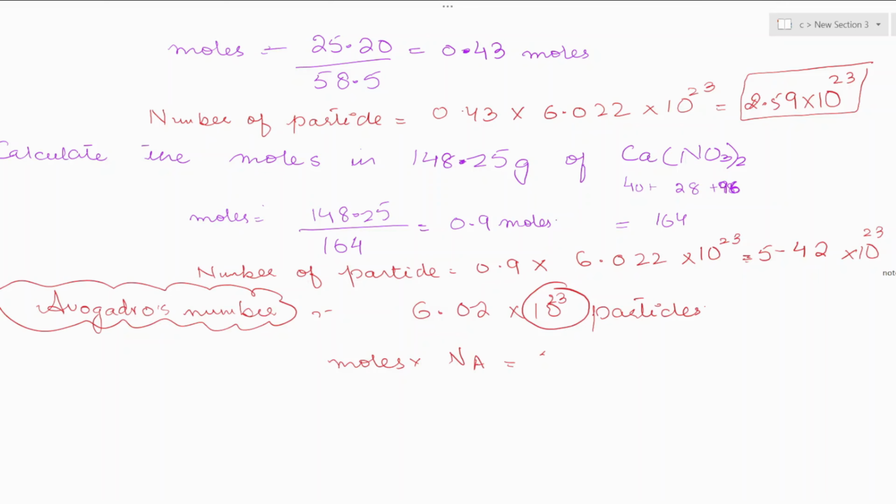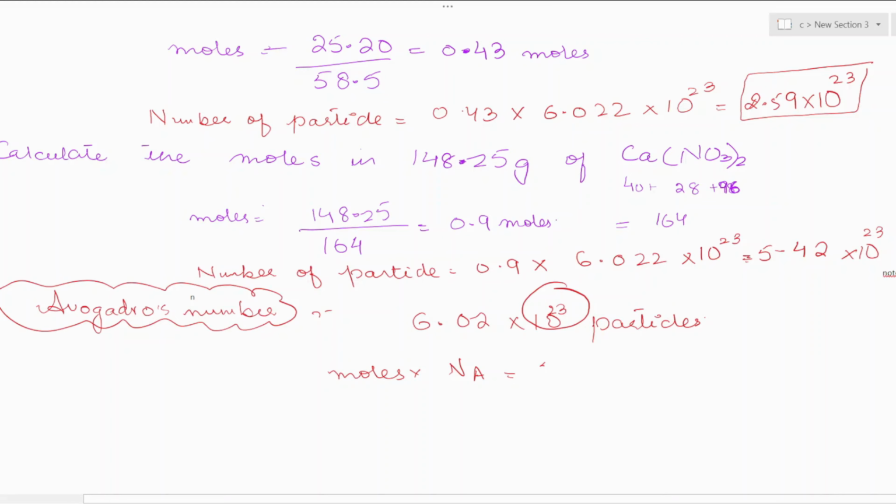There is mass given for both, and they are asking which one contains more number of particles.